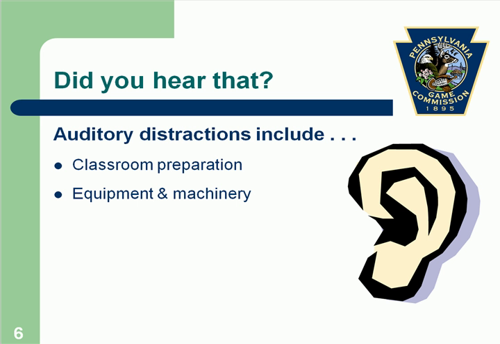Loud climate control systems, air conditioning, furnaces, phones or pagers, even certain overhead lightings that have a hum will be distracting to students. Conversations outside of instruction, such as parents talking to one another or other instructors in the room talking among themselves.